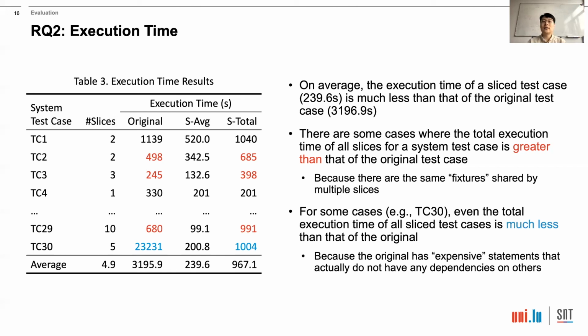But this was not known before we applied this kind of decomposition. After applying DS3, the engineers understood that there were some useless statements in the original test cases, which must be removed to further improve the cost effectiveness of future regression testing, which is very interesting.